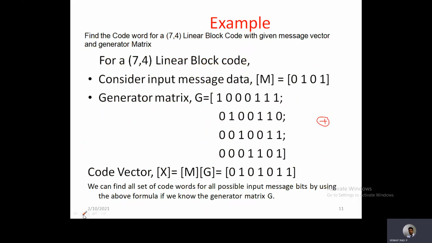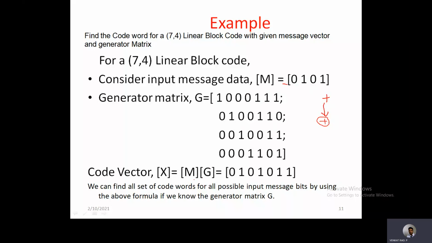Remember that in matrix multiplication, the row is multiplied with every column: 0 into 1 plus 1 into 0 plus 0 into 0 plus 1 into 0, and so on. Whenever you see plus, it must be treated as an XOR operation. Always keep that in mind. This is a very simple operation, just a matrix multiplication.